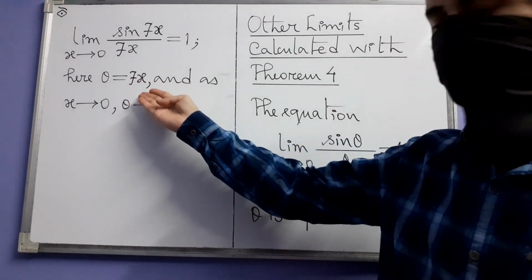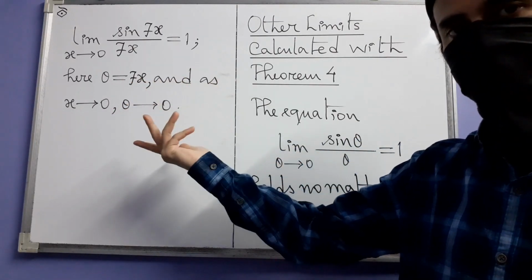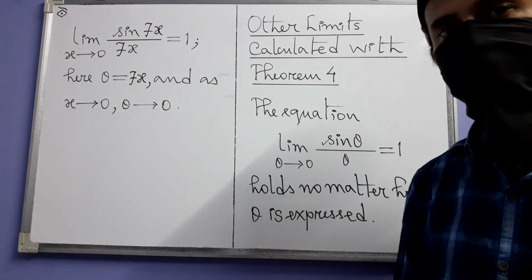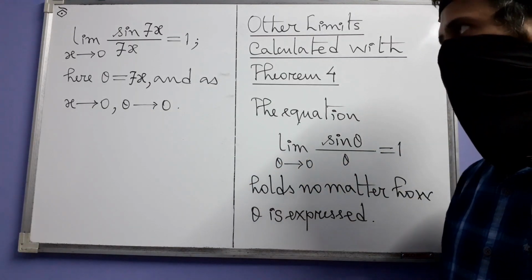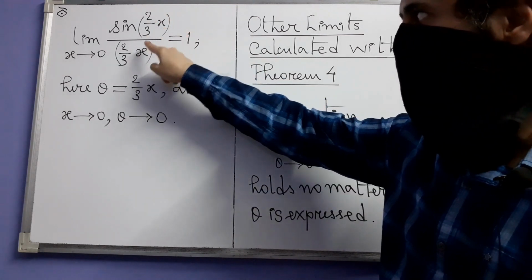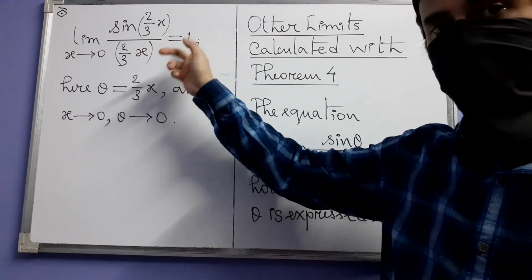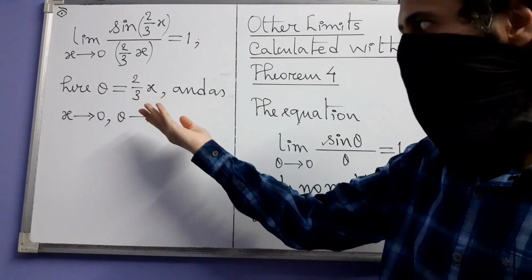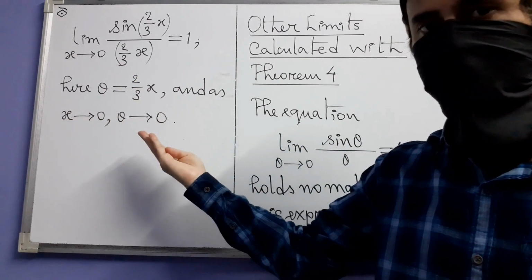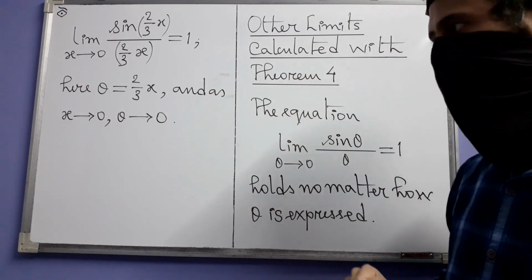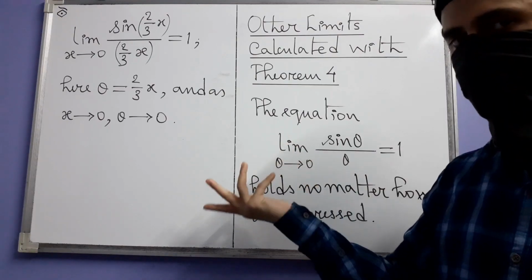In this case theta is 7x, and here also as x approaches 0, so does theta. And we also can have this. Limit of sin of 2 over 3x divided by 2 over 3x is also equal to 1. In this case theta is 2 over 3x, and you can clearly see that as x approaches 0, so does theta. And based on these observations, we next have some other examples.